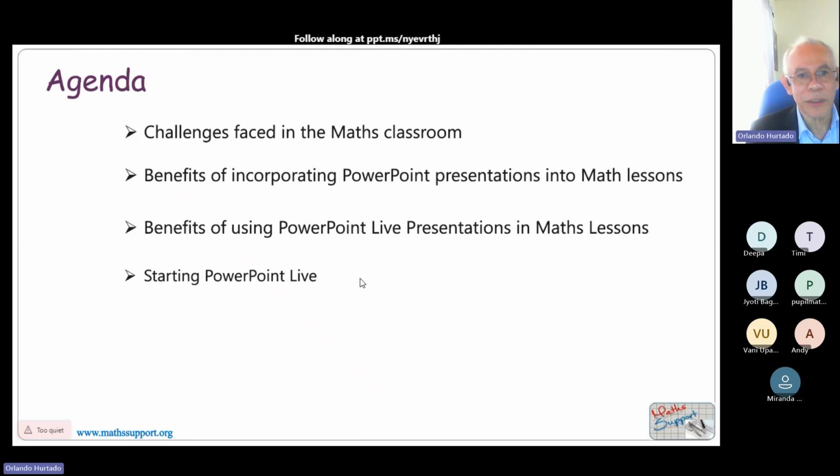Just scan the QR code. Otherwise, please join by the address that is on top of your screen now. You can still type it in a second device. Don't do it in the device where you have the webinar, but you can do it in a second device to follow along.